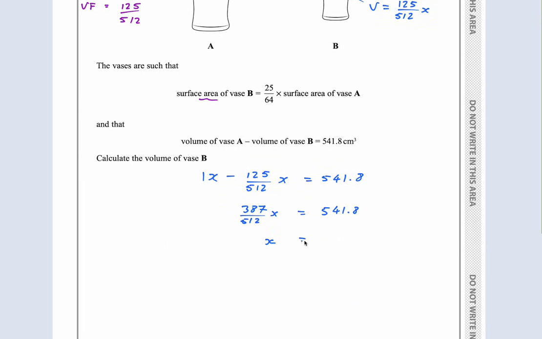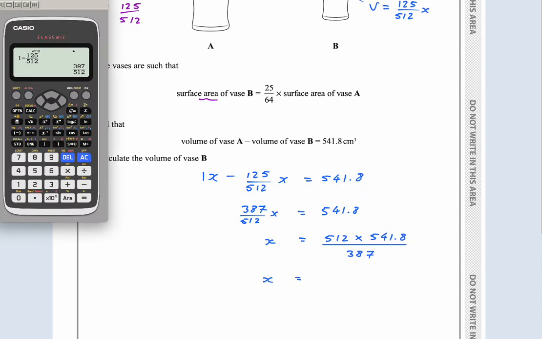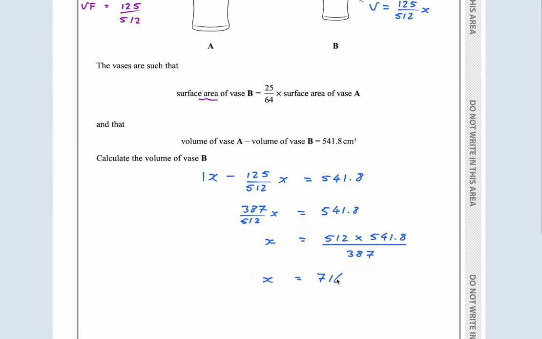And then X is equal to, I'm just going to multiply across by 512 times this 541.8, and then divide by 387. So X is equal to 512 times 541.8 divided by 387, and we have 716.8.